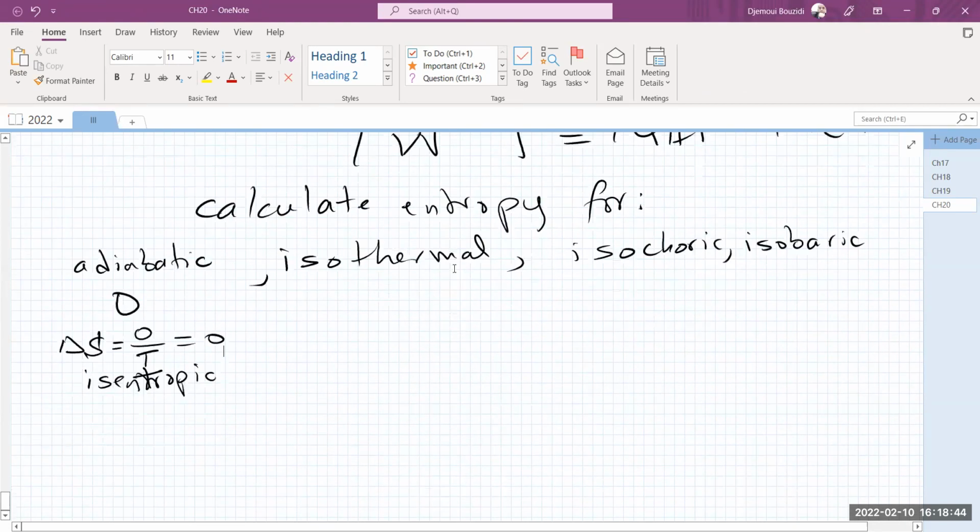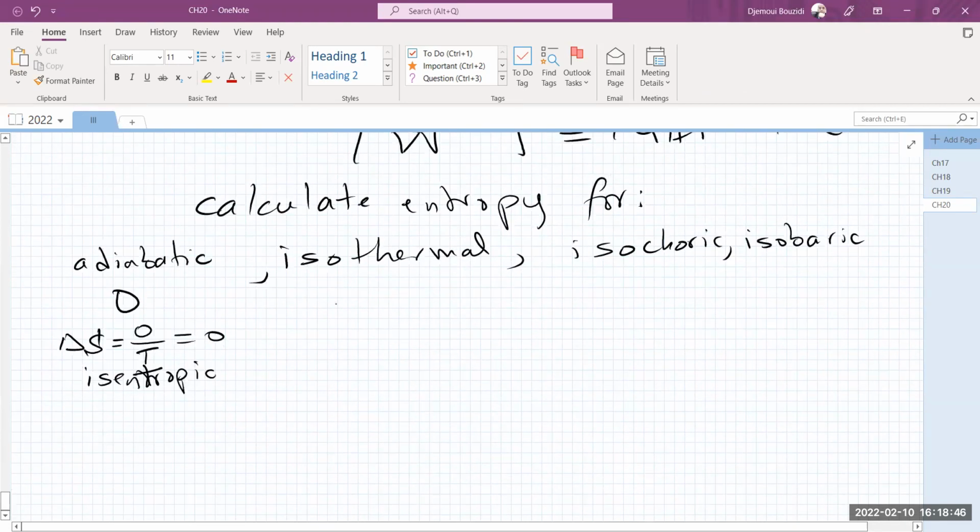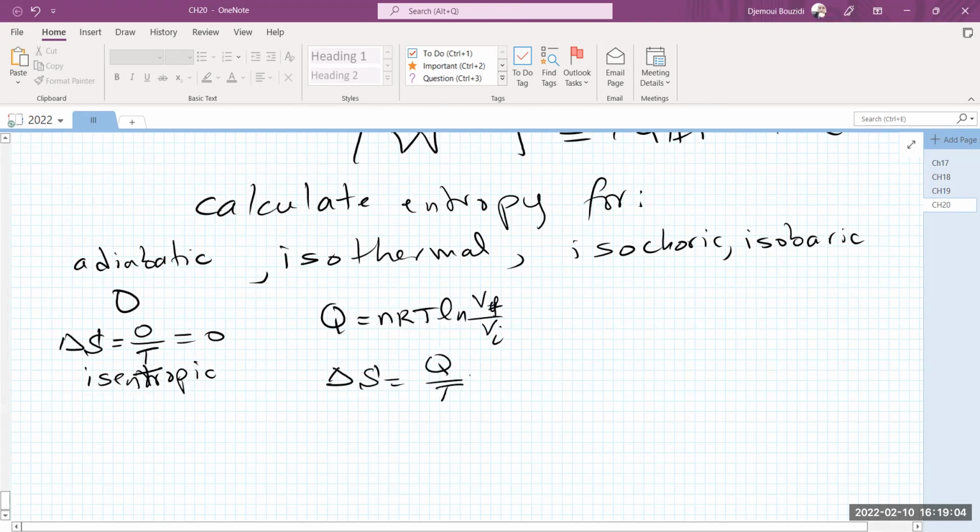The isothermal, we already did that. For the isothermal, we found that Q is equal to nRT ln of the final volume over the initial volume. The temperature is fixed because it's isothermal. So delta S is simply Q over T, and T cancels T, so it's nR ln of V final over V initial.